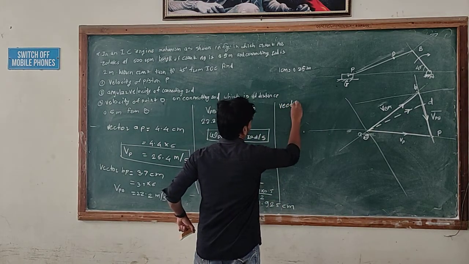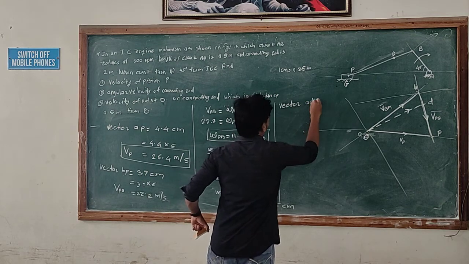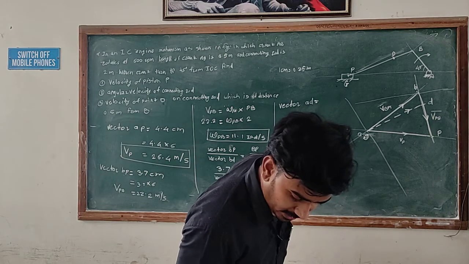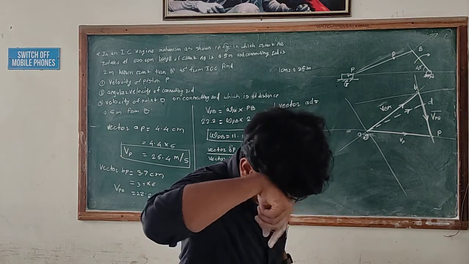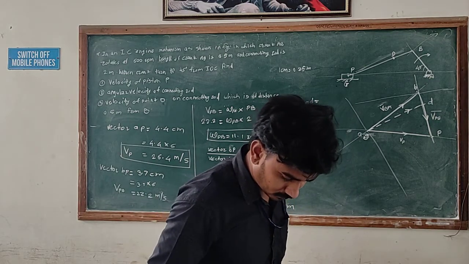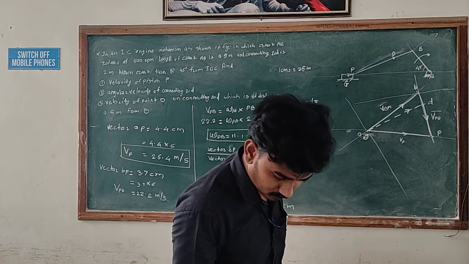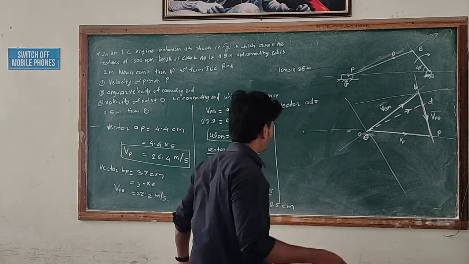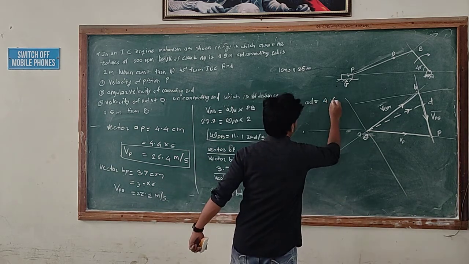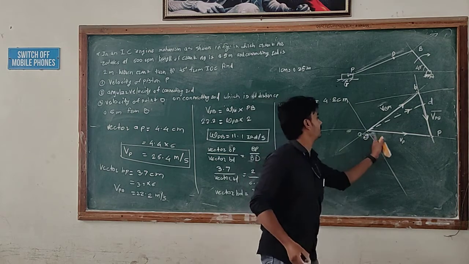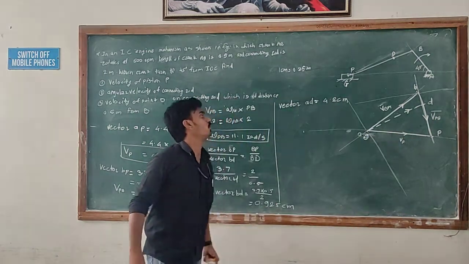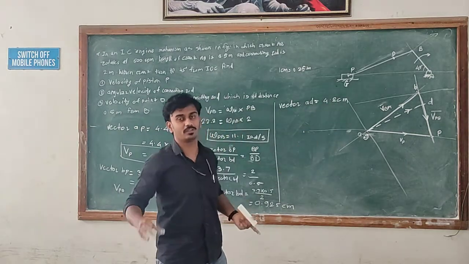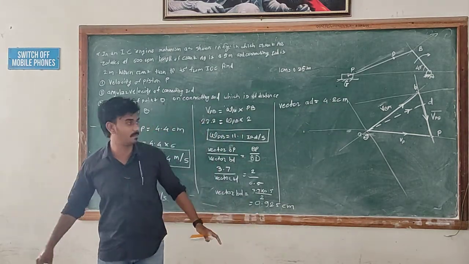Therefore, if we measure the vector AD, it becomes 4.8 centimeter. Multiply this 4.8 by 6, because our scale is 1 centimeter equal to 6 meter per second.